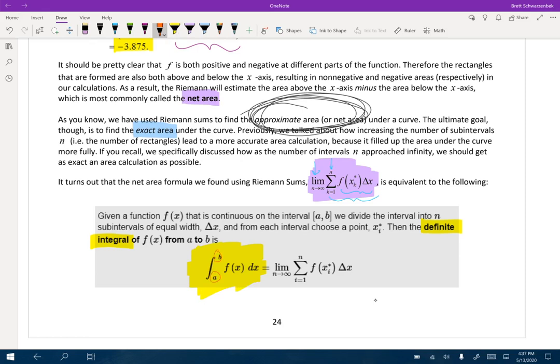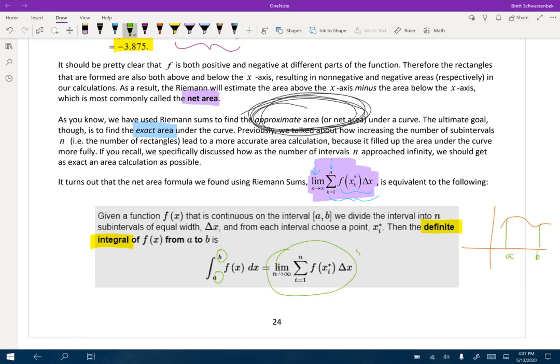If you look at this definite integral, it looks almost exactly the same, except it has what are called limits of integration. These represent the two endpoints of your area. So again, if we have a curve like this and we want to find the area from here to here, then a and b would be those values that you see on the integral. From now on, other than problems testing that you know it, you're not really going to see the sum form anymore.